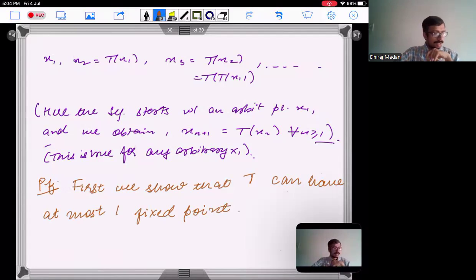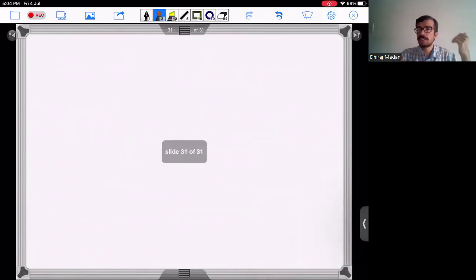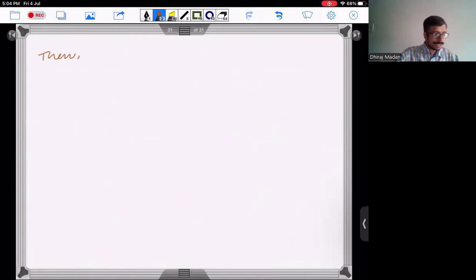Let's assume to the contrary. If not, then there exist x naught and y naught such that Tx naught is x naught and Ty naught is y naught. So we are assuming to the contrary that there are two such fixed points x naught and y naught, such that Tx naught is x naught and Ty naught is y naught.